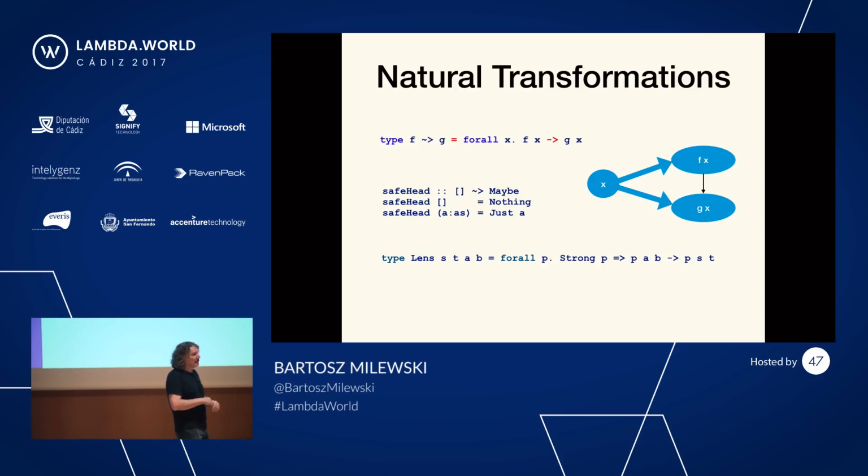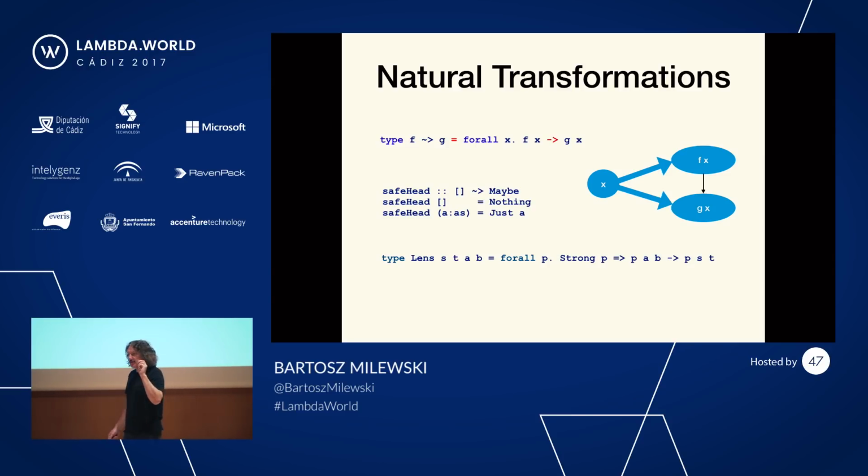So now look at the natural transformation. It has this forall x. So it's sort of getting similar to the lens, but a lens is forall p, strong p, PAB, PST.